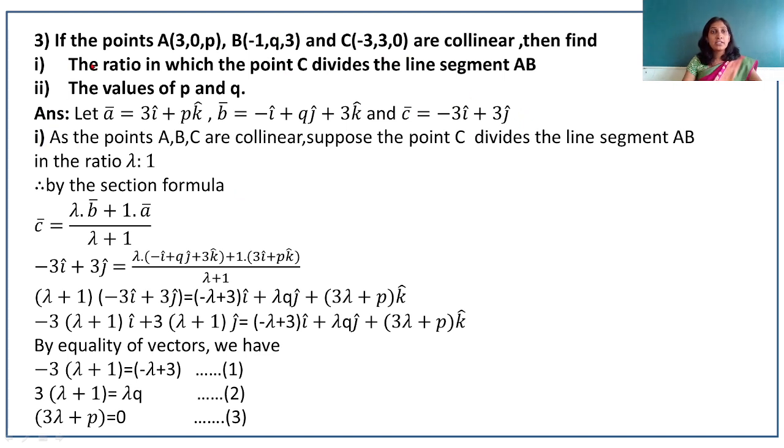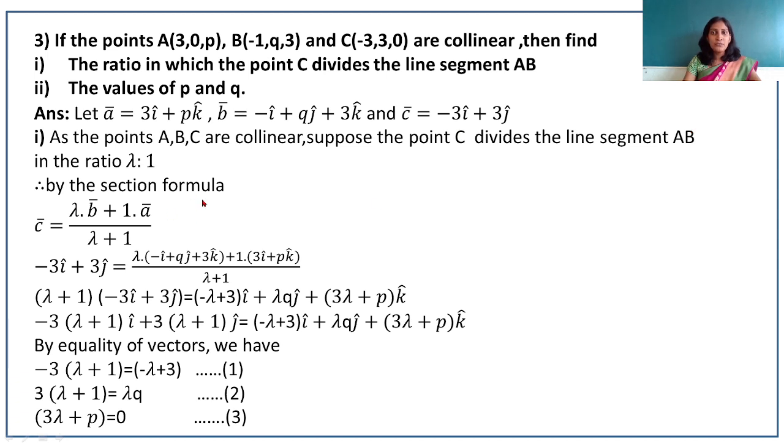Now firstly, we have to find the ratio in which C divides the line segment AB. For that purpose, as we studied in a note in the last slide, for convenience, we take the ratio as k is to 1. Here, we take it as lambda is to 1. So C bar divides AB.